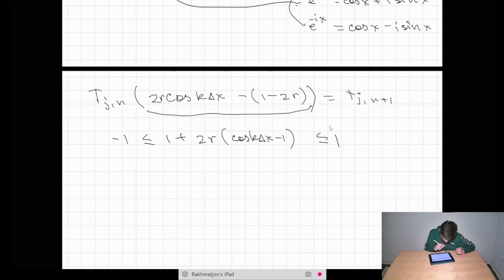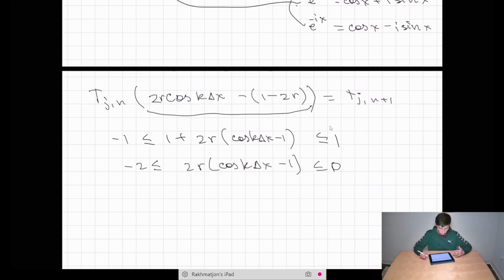Now if I solve this inequality, if I subtract 1 from both sides, that's going to be 2r times (cosine of k delta x minus 1) smaller than 0.